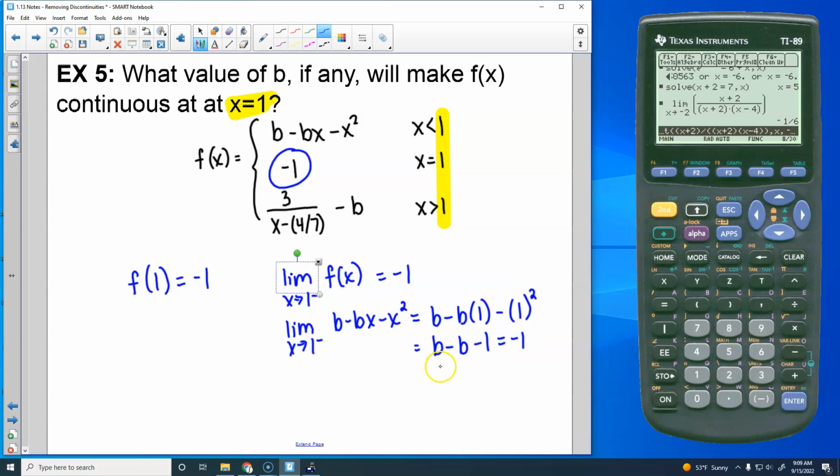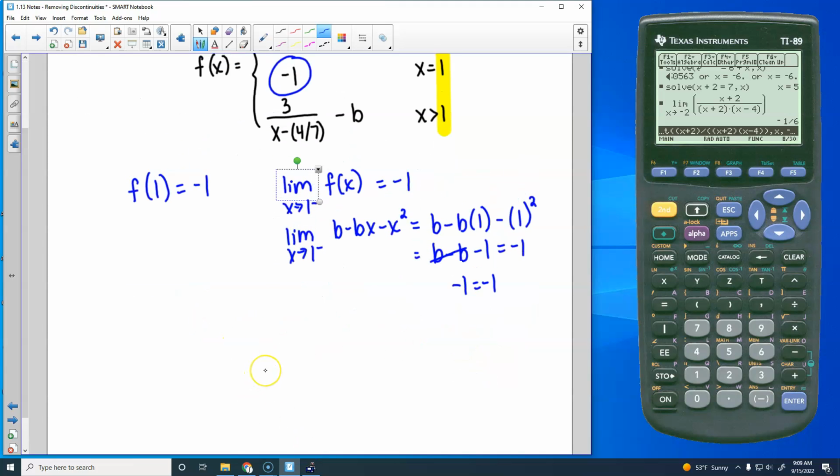So that would be -1 equals -1, which is always true, right? So this part is telling me that basically it could be all real numbers, which might be true, but we need to check the other piece of the graph, because while b could be any number here, it might not be able to be any number on the other side.